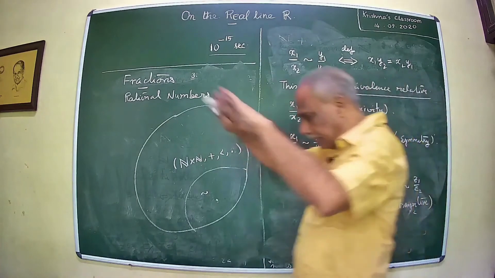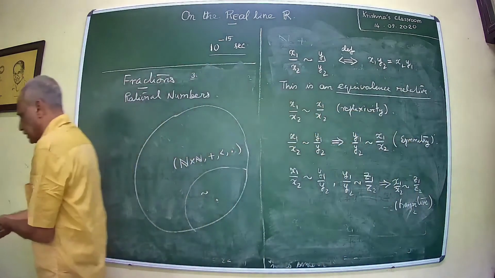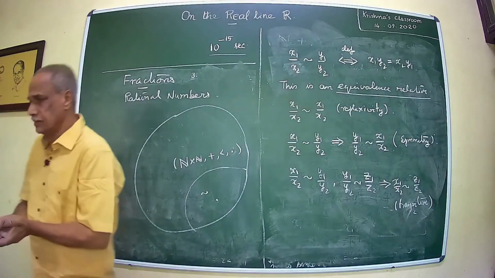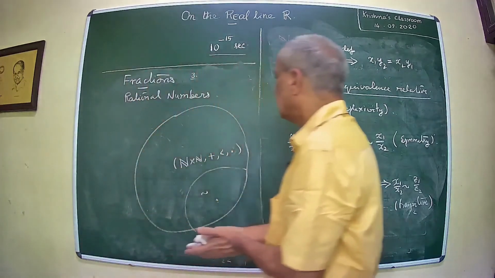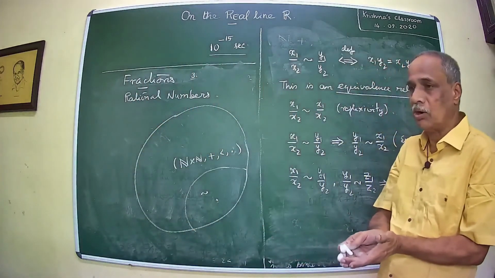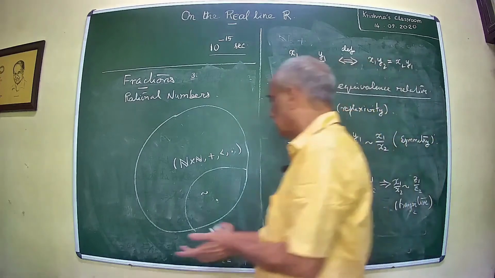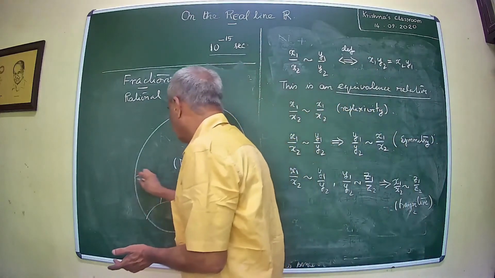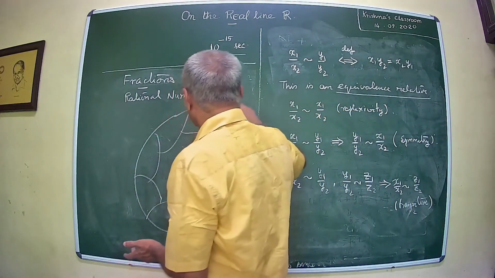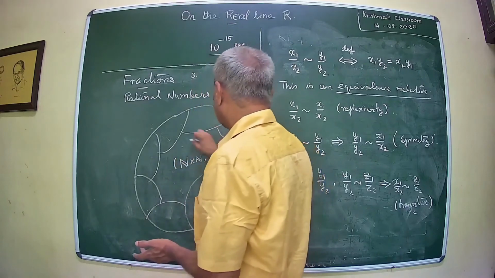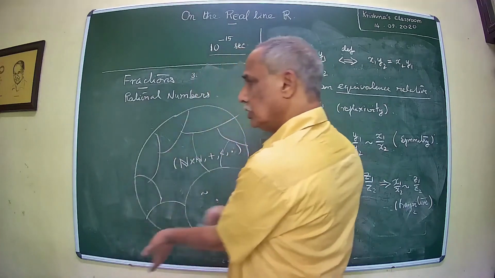Now you know that if on a set you have an equivalence relation, then it partitions n into what are called equivalence classes. That means it is broken down into disjoint sets, and this can be written as a union of disjoint sets.